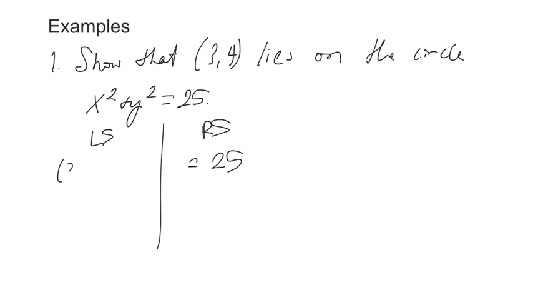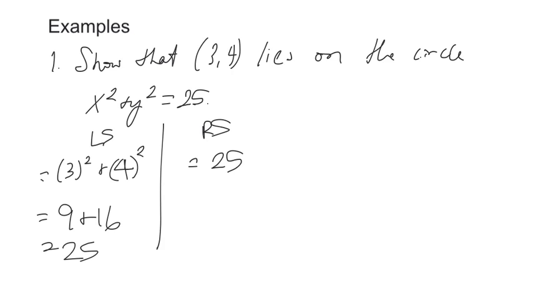So I'm going to have 3 squared plus 4 squared, and that's going to equal 9 plus 16, which equals 25. So 25 on the left side, 25 on the right side. That works. So that point, (3, 4), does lie on the circle. I've verified it.